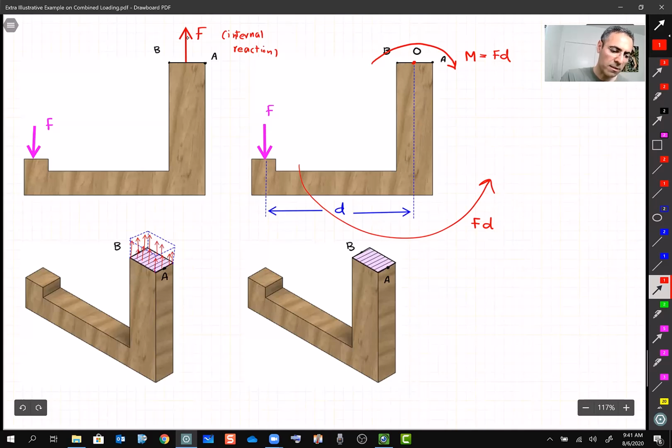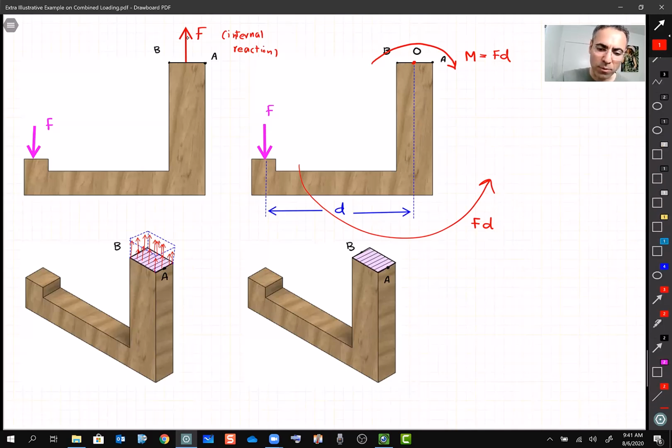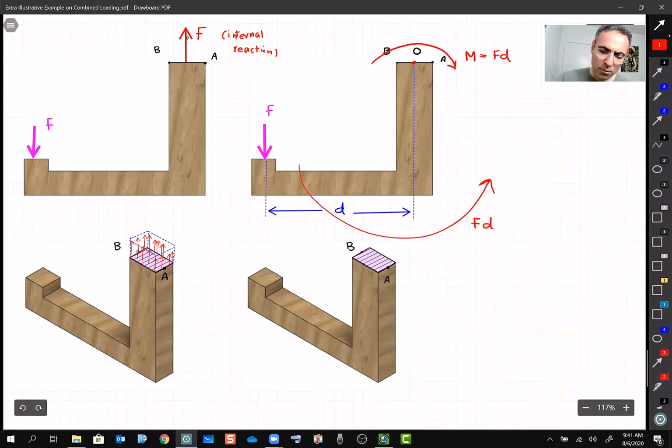All right, so this is going to be our stress here. And we know how to calculate that one. We know that sigma is F divided by area. And area, we know what it is, right? So that's simple.